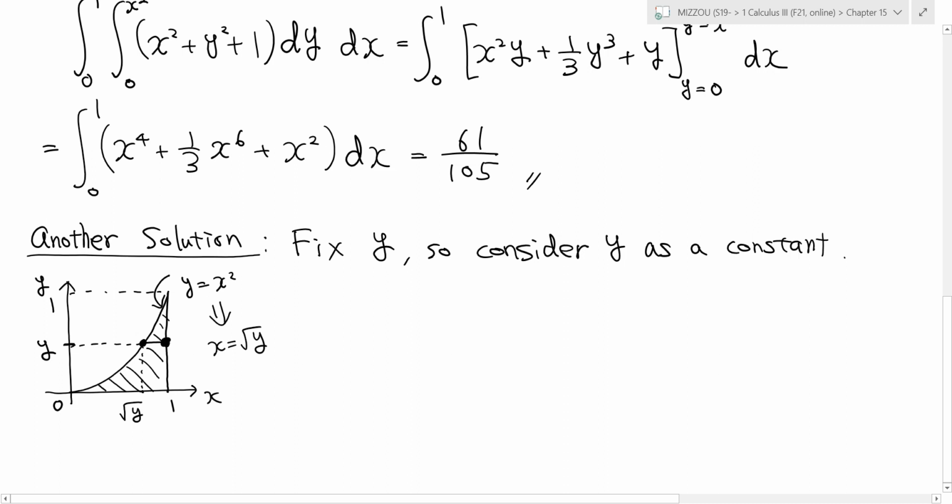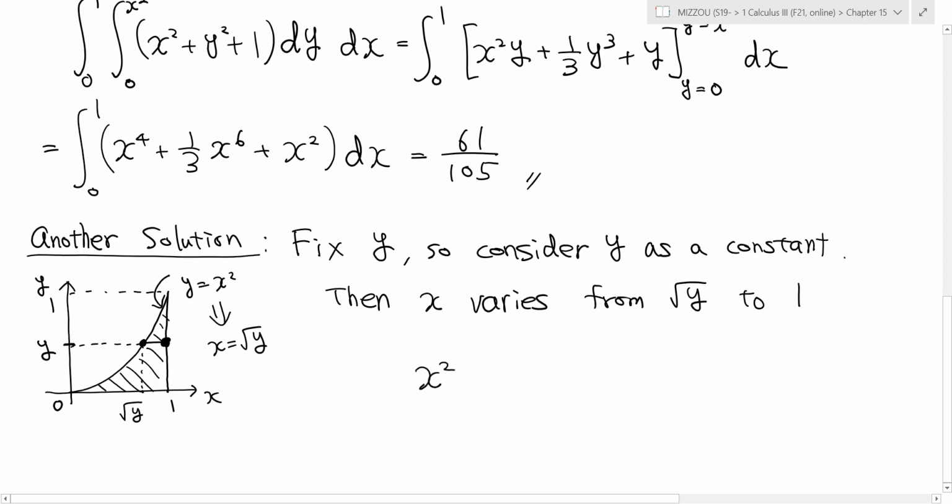So for each fixed y, the starting x value is root y, and then all the way to x equals 1. So if you consider y as a constant, then the x value varies from root y to 1. Therefore, the integral you have to set up is this.